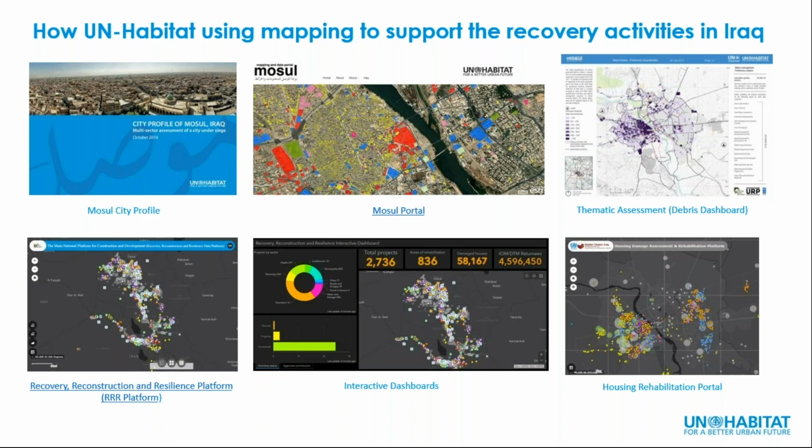These assessments cover the damage caused by ISIL and also a multi-sector assessment. All of these can be found on the Mosul portal, which is based on an ArcGIS Online project.